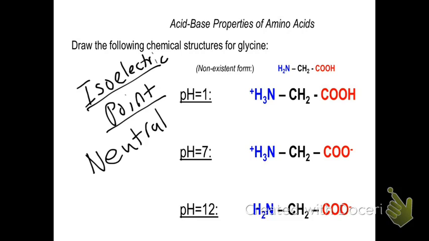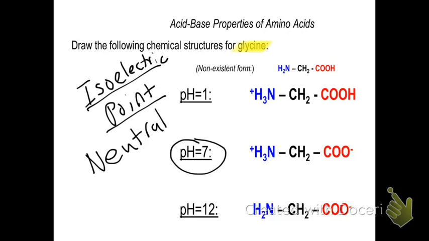So what that tells us, for instance, if you look at glycine, is that in your data table, glycine has an isoelectric point of around a pH of 7. What that means is that at a pH of 7, glycine is essentially going to be neutral.